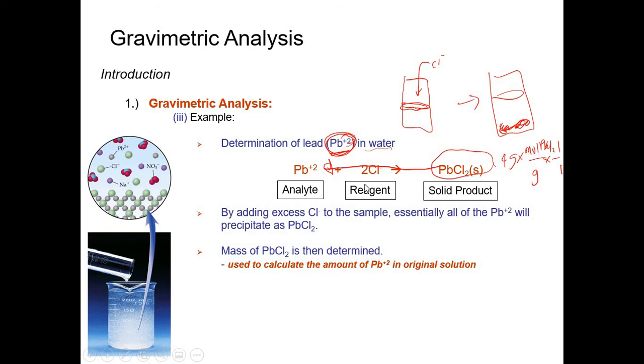So okay ra nga mas masubra ang chloride kaysa makulangan ang chloride. Because the analyte is lead 2+. You have to precipitate the analyte as PbCl2. So dapat ma-precipitate jud ang tanan. Okay? So, that's one requirement in a gravimetric analysis.